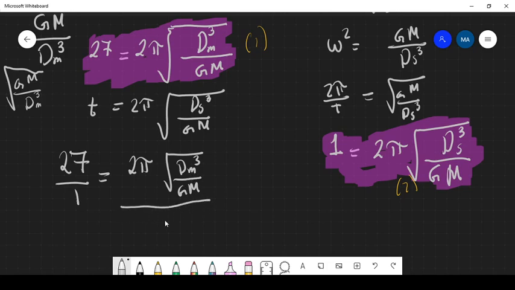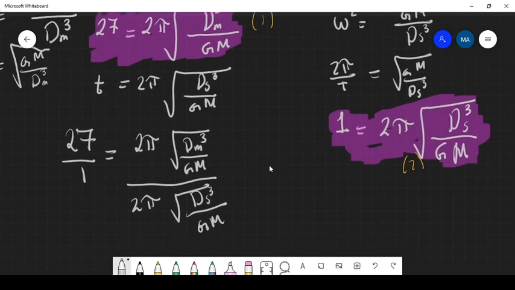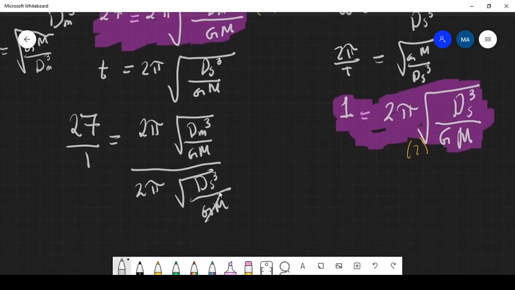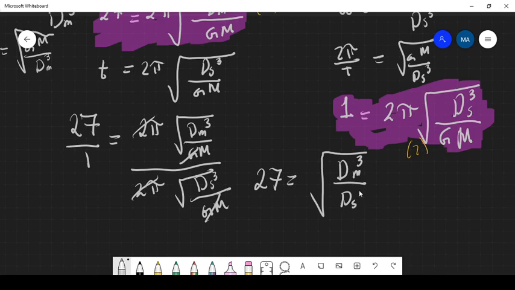Over 2 pi times the square root of the distance to the satellite cubed divided by GM. So the GM will cut with the GM over here, square root of GM and square root of GM, this 2 pi, this 2 pi, and here we'll have that 27 is equal to the square root of d to the moon cubed divided by d to the satellite cubed.